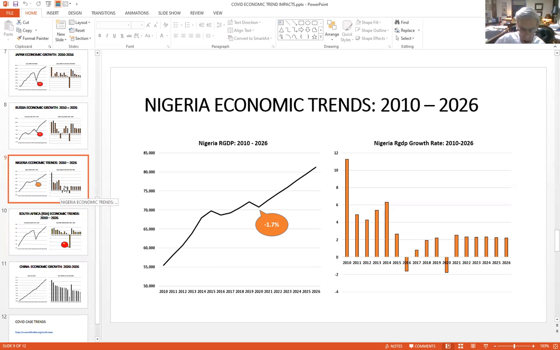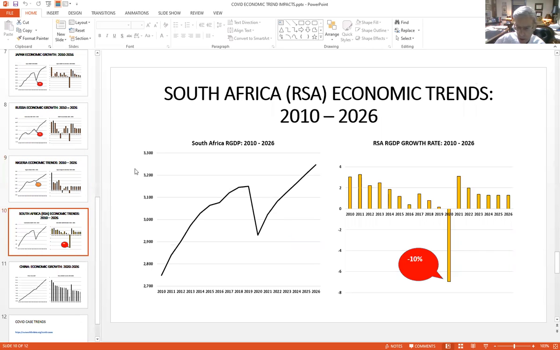Okay, let's see. Here's South Africa, though. South Africa looks a lot like Argentina, doesn't it? And its economy, its real economy, dropped by about 10% last year. And South Africa is an industrial economy. It's a growth nation.